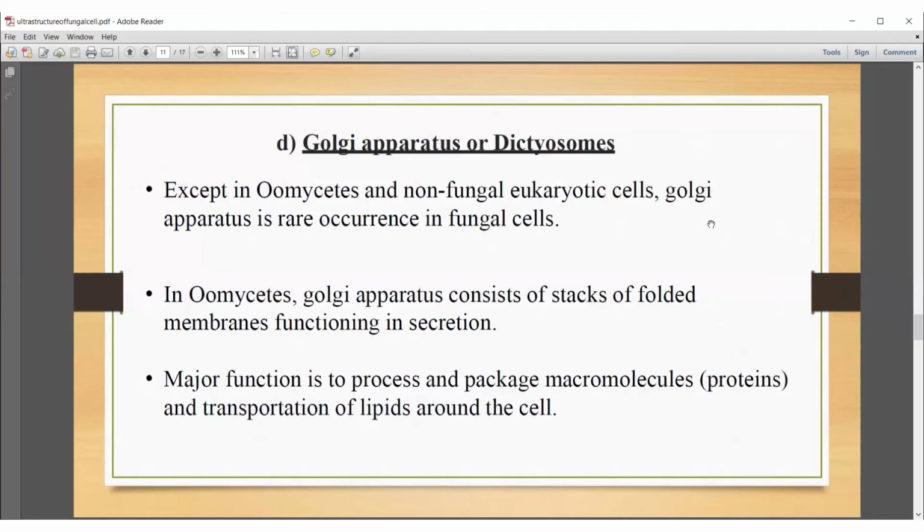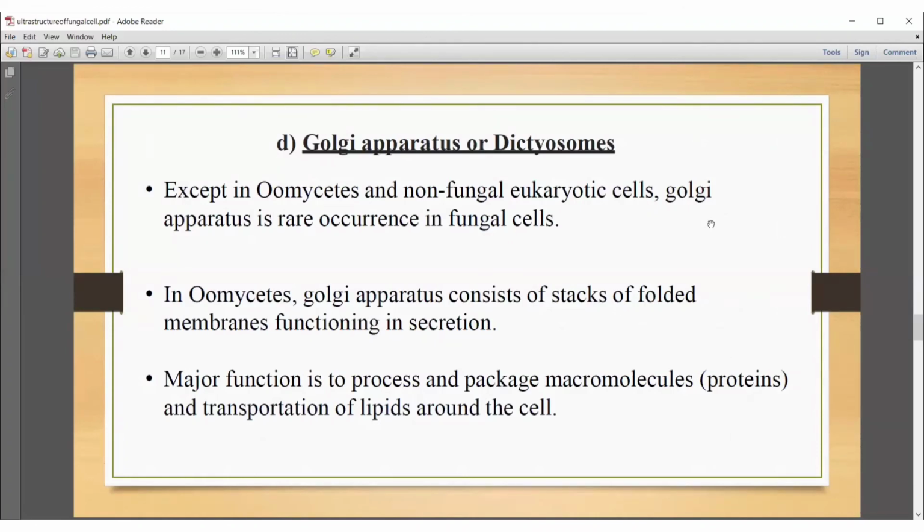Golgi apparatus. Except in oomycetes and non-fungal eukaryotic cells, Golgi apparatus is a rare occurrence in fungal cells. You cannot find Golgi apparatus in all fungal cells. In oomycetes, the Golgi apparatus consists of stacks of folded membrane functioning in secretions.